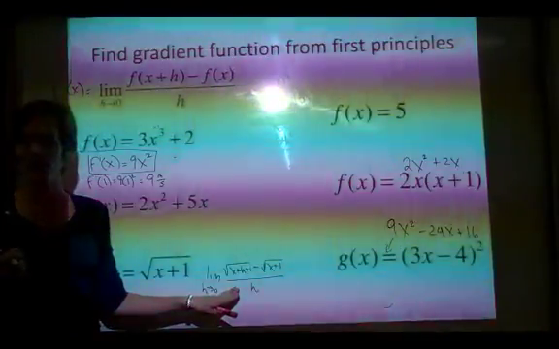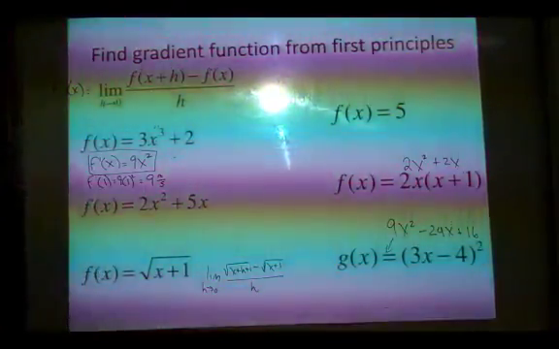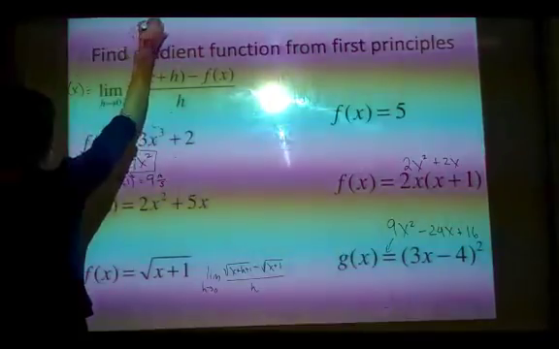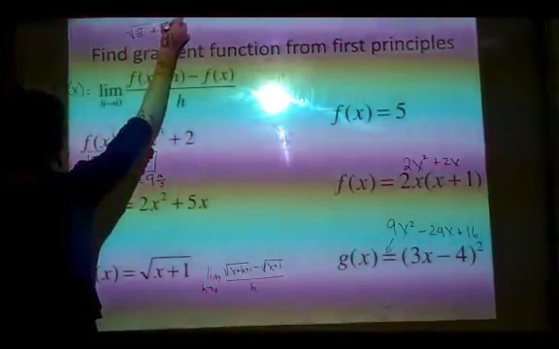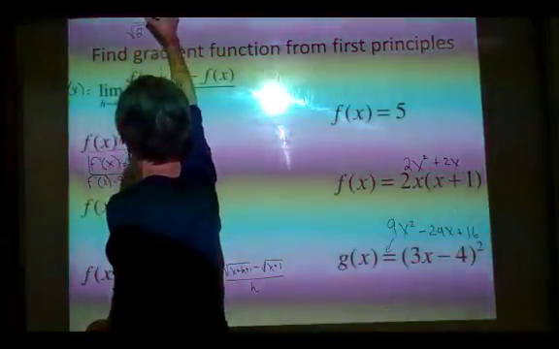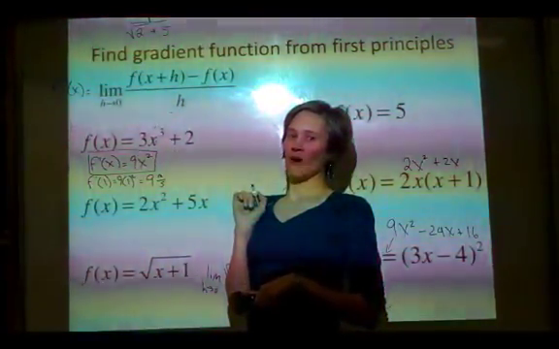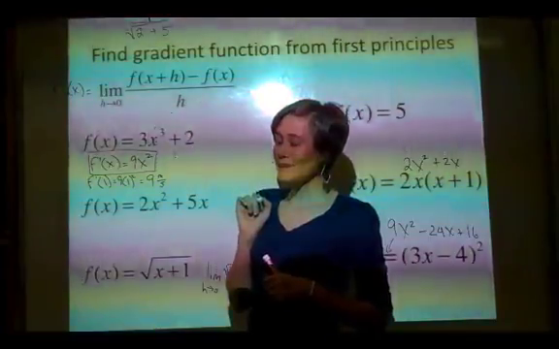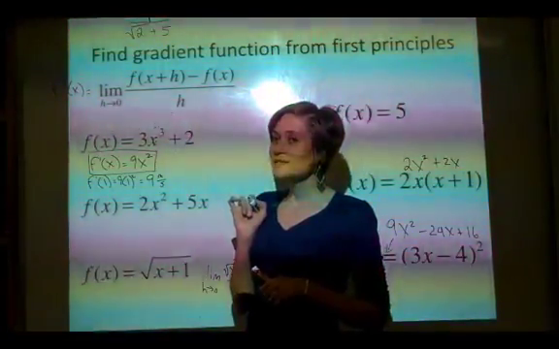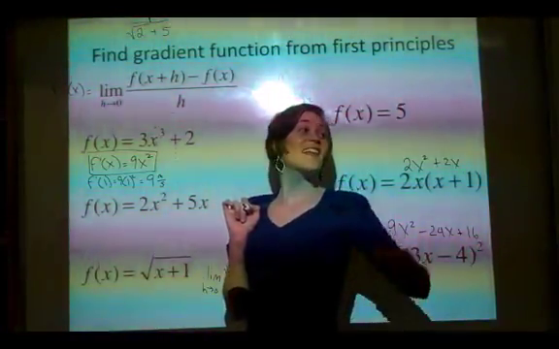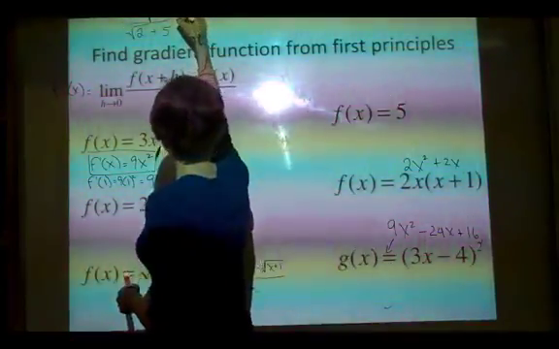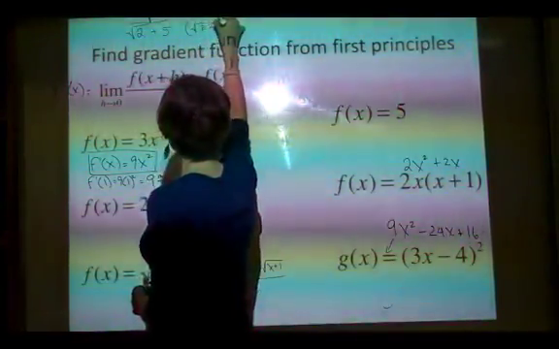Hold on. If you saw this, the square root of 2 plus 5, and you wanted to get rid of this in the denominator, what would you do? Rationalize by multiplying by the conjugate.